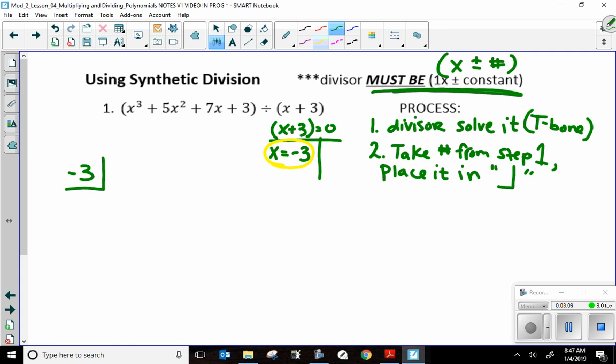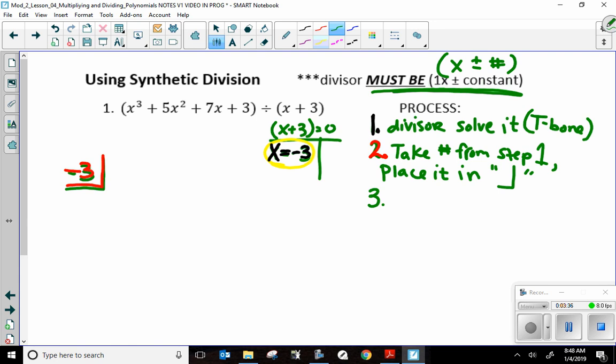Okay? Step 3. Oh, man, I should be color coordinating this. For example, step 1 should be in black, so x equals negative 3. Step 2 should be in red, so we put your negative 3 in red. Step 3, we'll do in green.